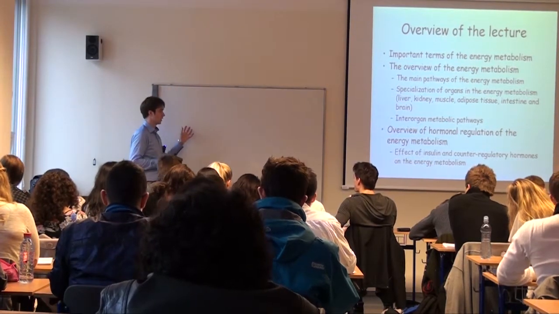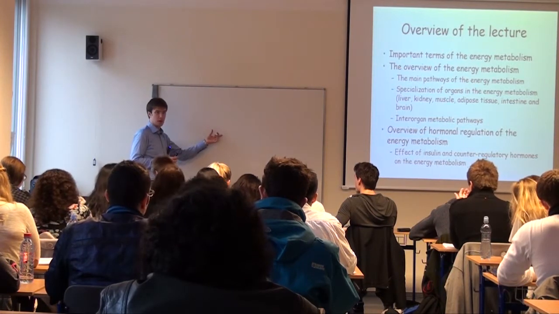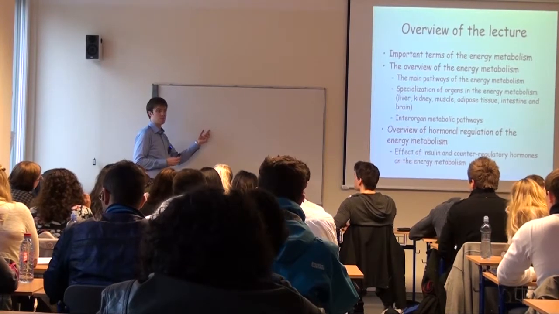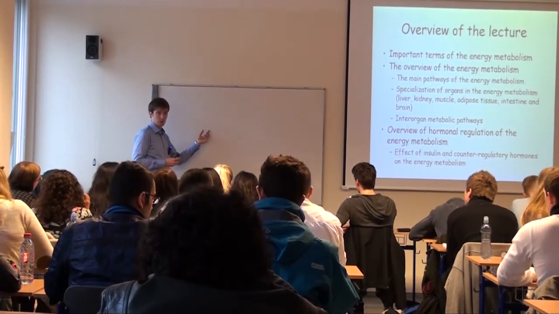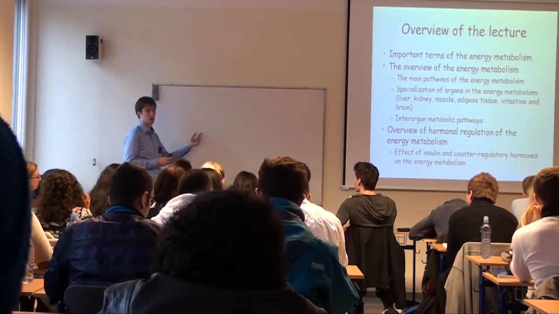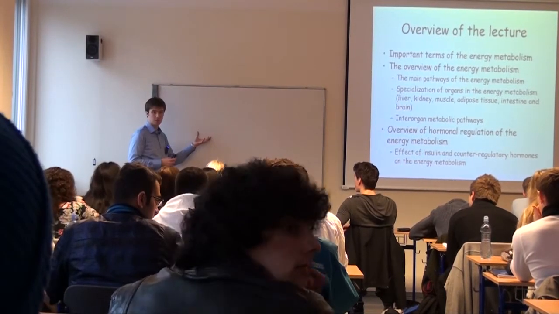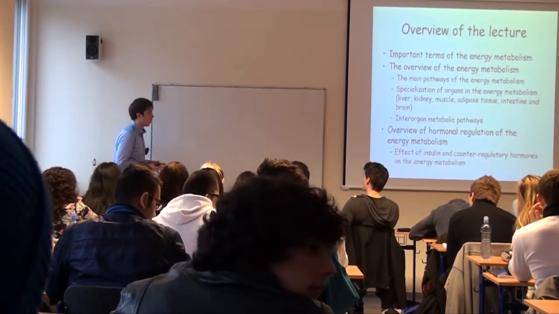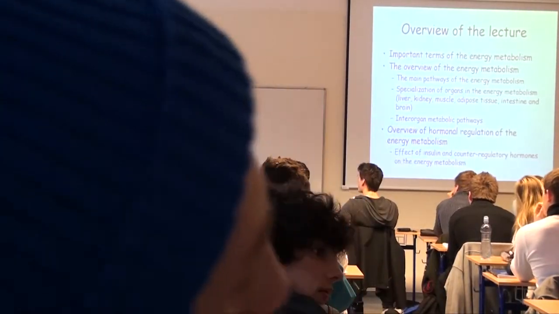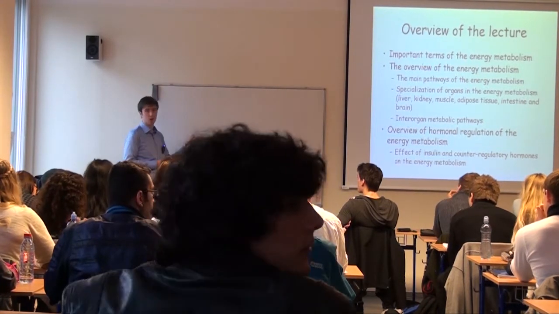For example, you can say that insulin is a proteoanabolic hormone. It means that insulin has an anabolic effect in metabolism of proteins. The same, insulin is a lipoanabolic hormone, so it has an anabolic effect in metabolism of lipids. Or glucagon is a proteocatabolic hormone, so glucagon induces the pathways that degrade proteins.